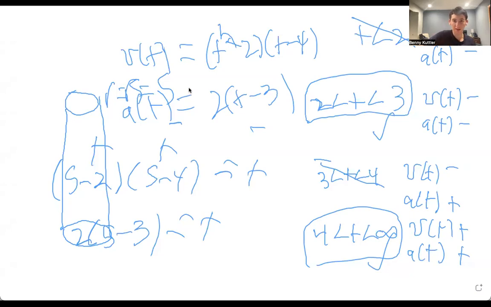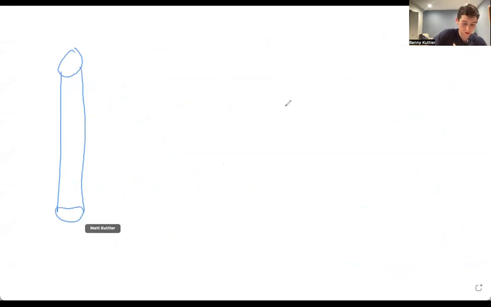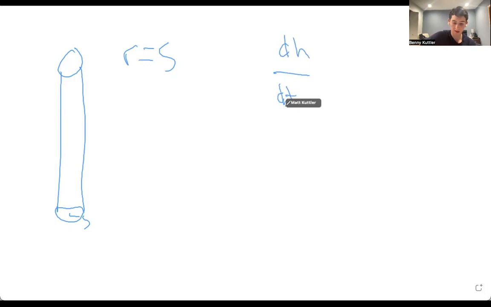Oh, and it's all back. Okay, let's try this again. We have a cylinder. The radius of 5, which is constant, 5. And the height is changing at a rate of 36 pi. So we're going to write this as the derivative of the height, dh with respect to time.